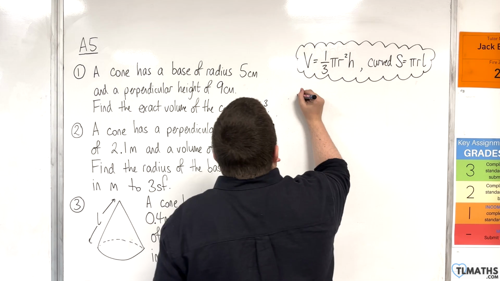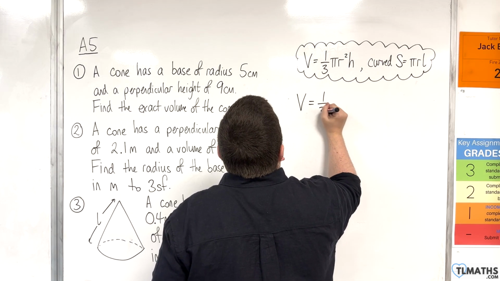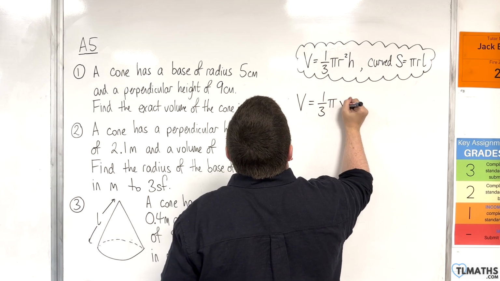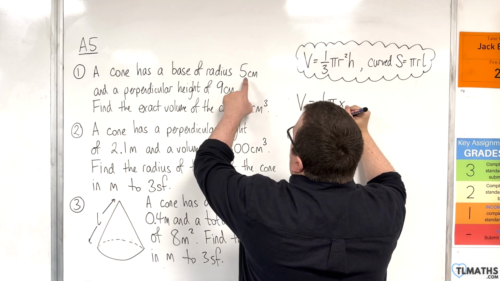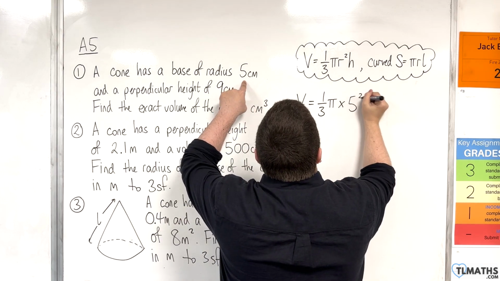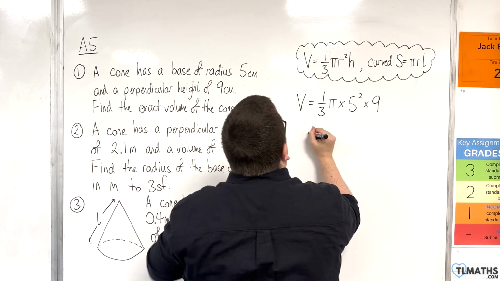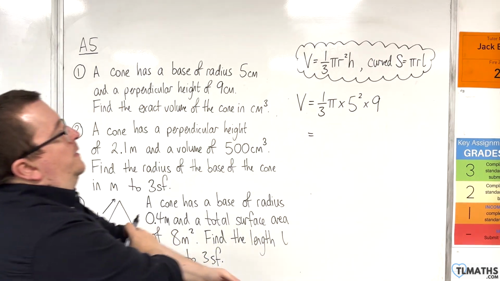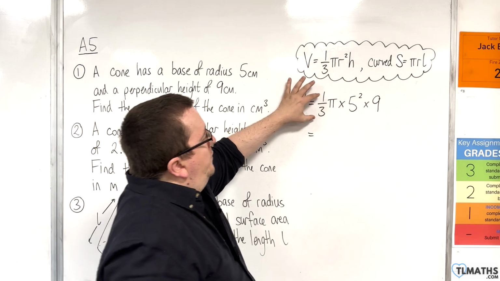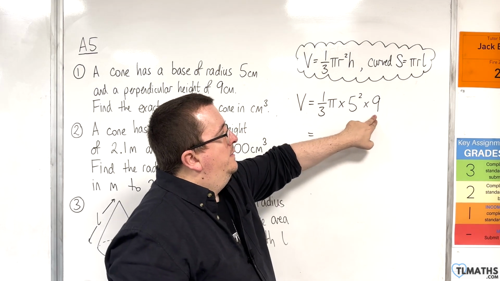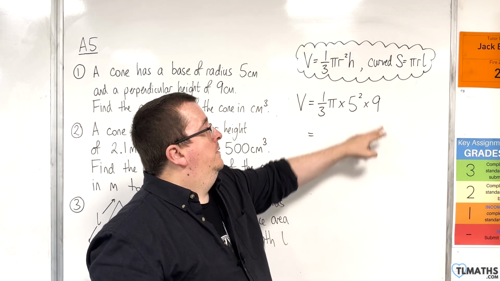So the volume is 1/3 times pi times r squared, so that'd be 5 squared, times h, which is 9. Now, we've got 1/3 of 9, so that's 3.